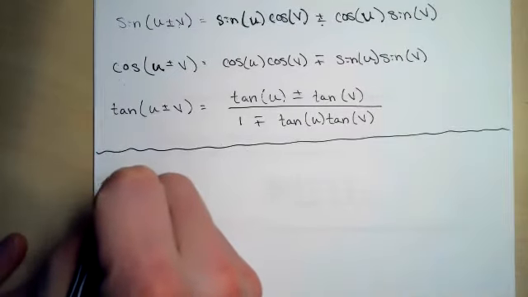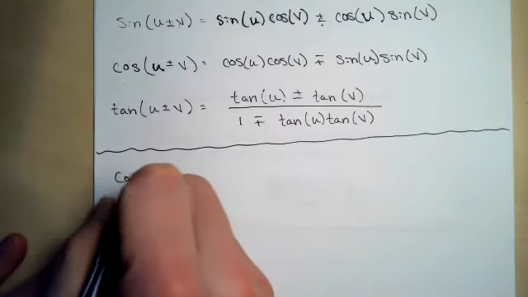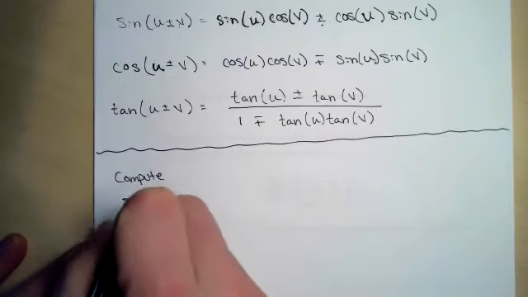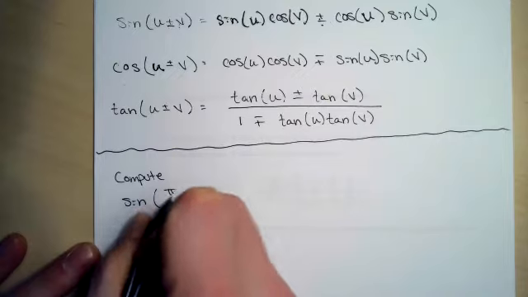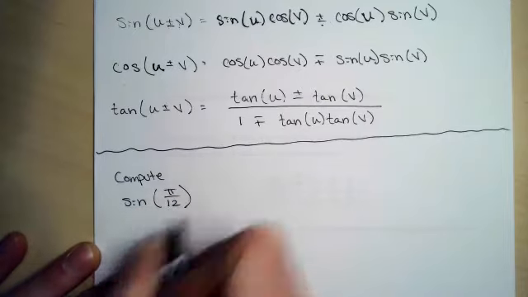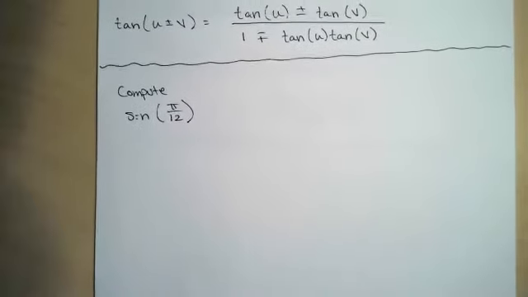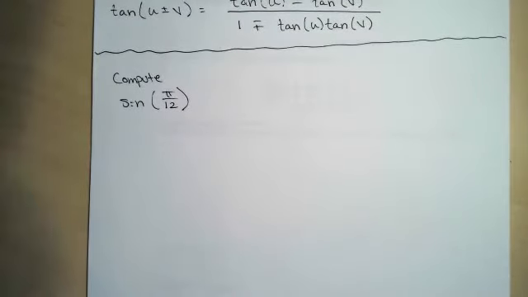So let's go ahead and try to compute sine of pi over 12. So this is the weird thing about the sum and difference formulas: we actually aren't getting many new angles we can compute with them, at least from our initial building blocks.